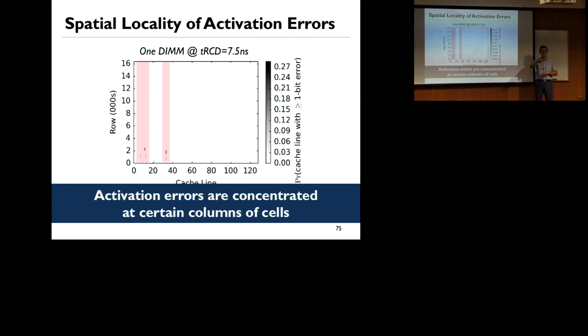It turns out these are very column-based. It seems like some bit lines, for some reason, are not as reliable as other bit lines. We don't know exactly why this is happening, but there's certainly some variation across different columns. So ECC might work if you only get errors in one column. Okay, so that's one example. And we've seen this many, many times. That's why I put this over here.